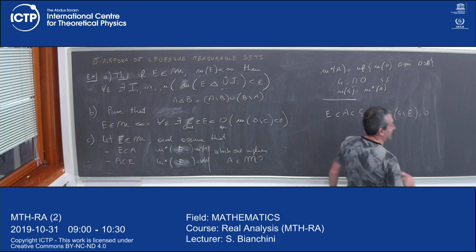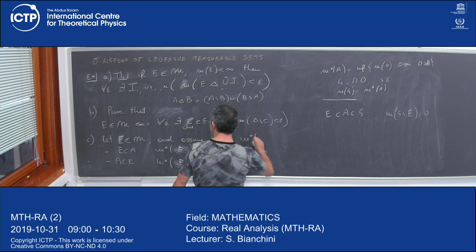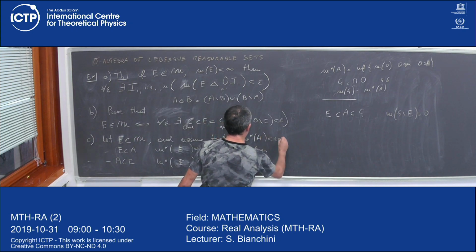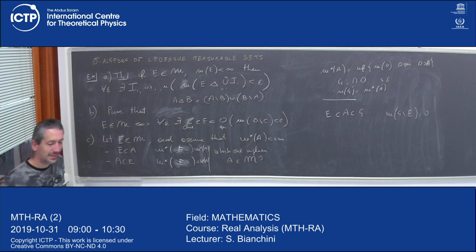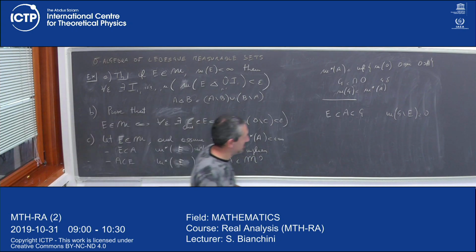We don't need the measure to be finite. No. Let me see, maybe yes. Yeah, we need the measure to be finite. Because otherwise it can be infinite and not measurable.